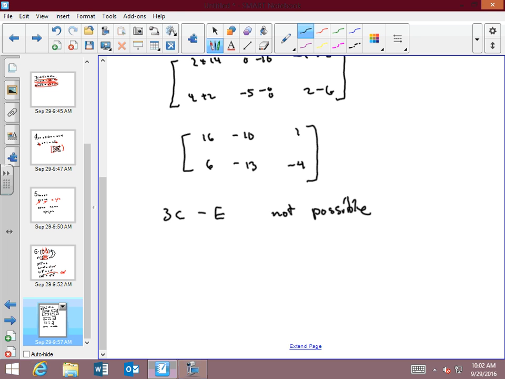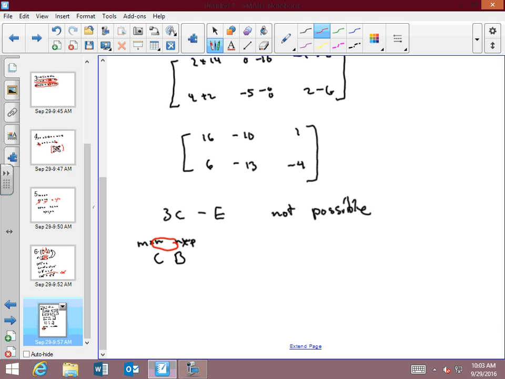Now they've got C, B. What you want to do is make sure that the columns in C match the rows in B. Because if this is M times N, then this has got to be N times P. These have got to be the same.